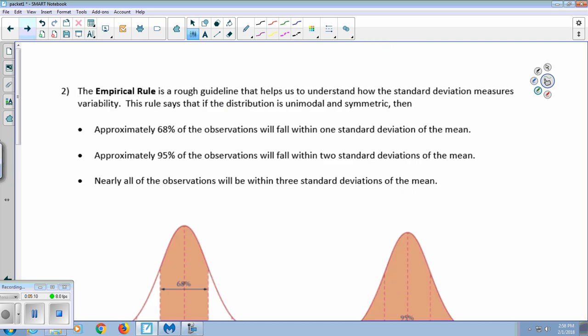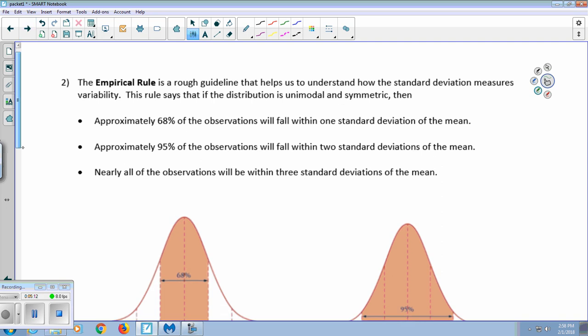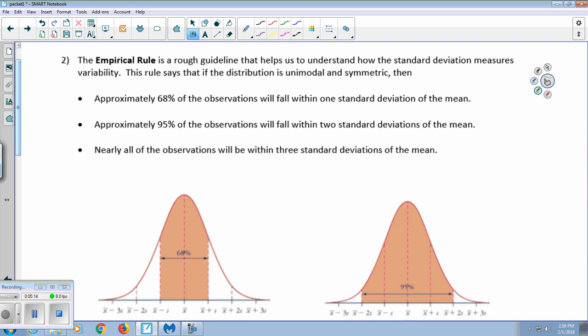So we're going to introduce the empirical rule here. This is a rough guideline that helps us understand how standard deviation measures variability.